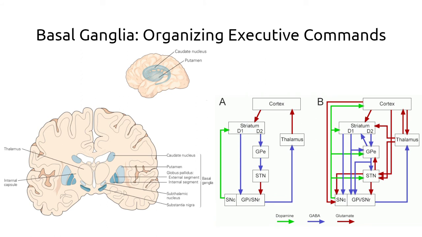Certainly damage to the basal ganglia in diseases like Parkinson's disease seems to make it difficult to voluntarily control actions. One of the standard tests for Parkinson's disease is you tell people, here's a sequence of nonsense syllables, just repeat them over and over again.